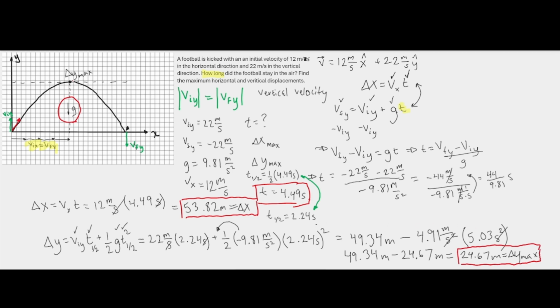So that is, again, this point over here. It's the maximum displacement in the vertical direction that the ball achieves. The total horizontal displacement is this 53.82 meters, and the time that the ball spent in the air is t equals 4.49 seconds.